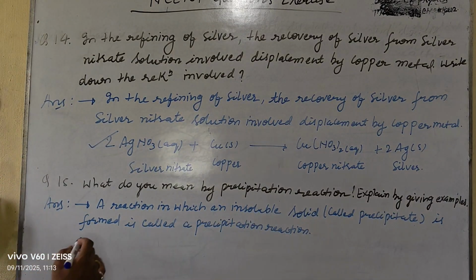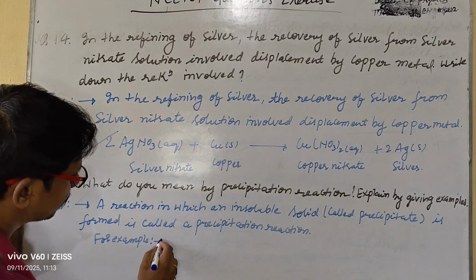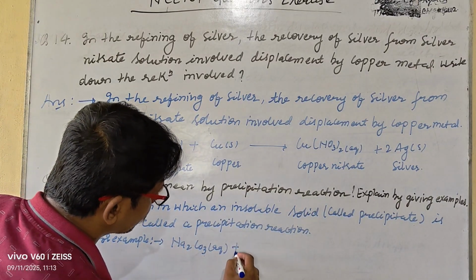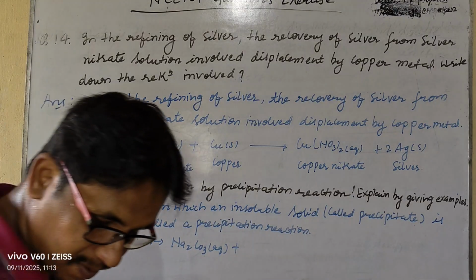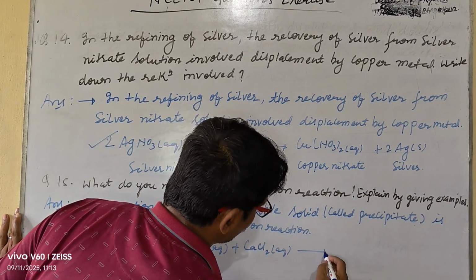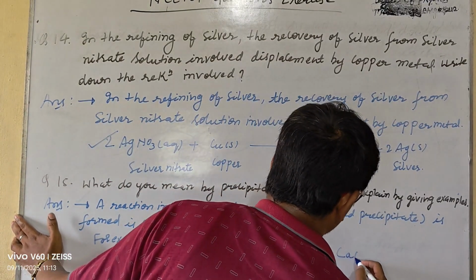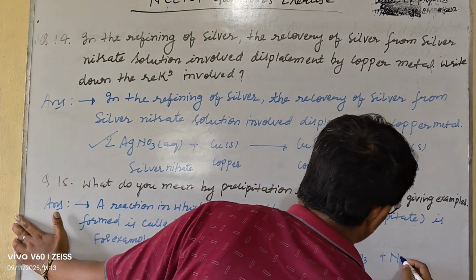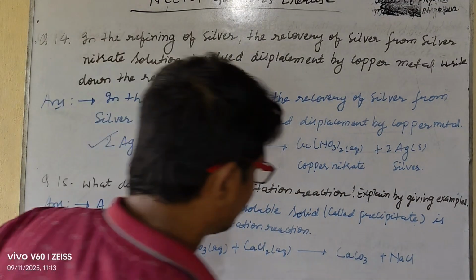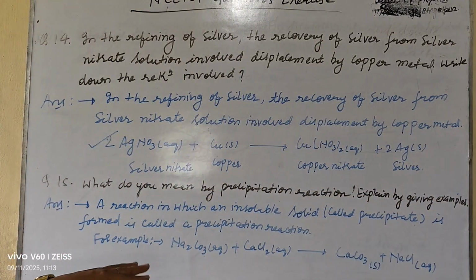For example, Na2CO3 aqueous, when it reacts with calcium chloride, gives you CaCO3 plus NaCl. The states are solid and aqueous, already written.